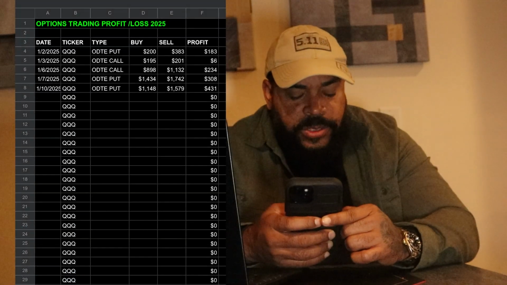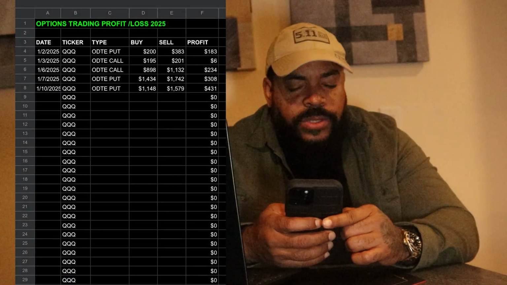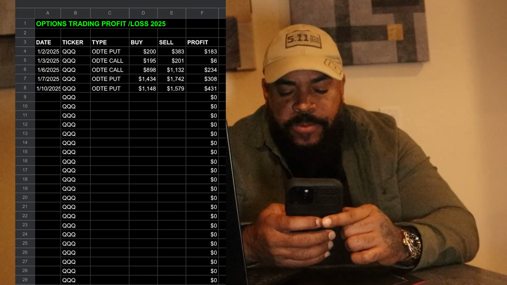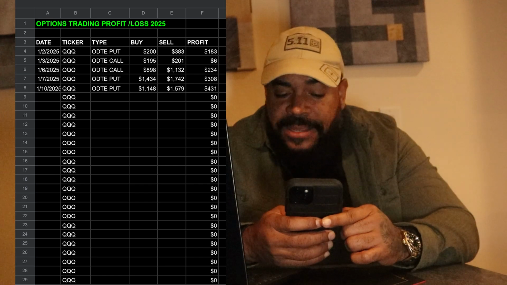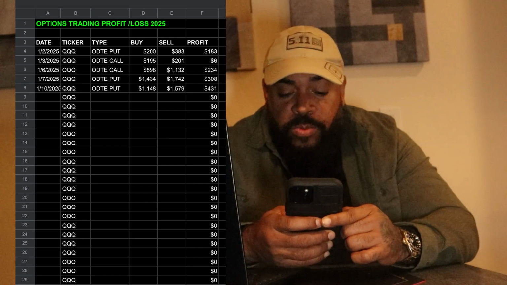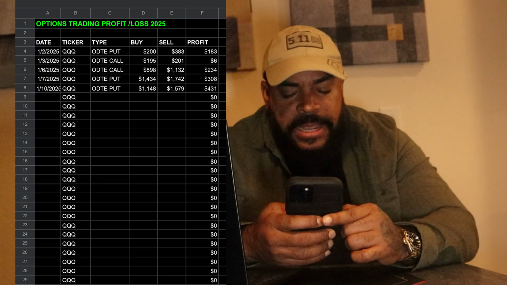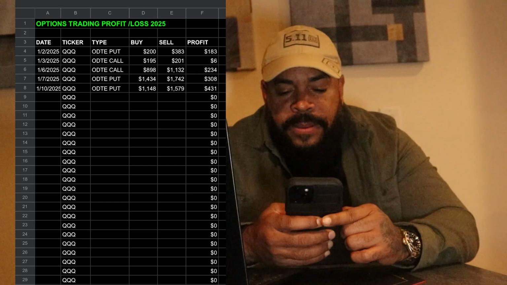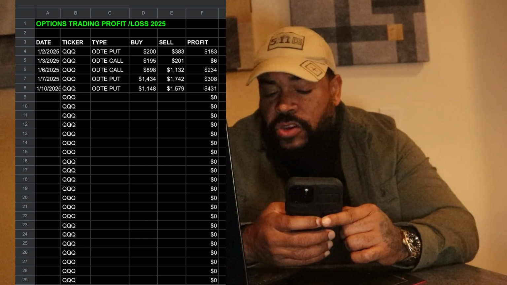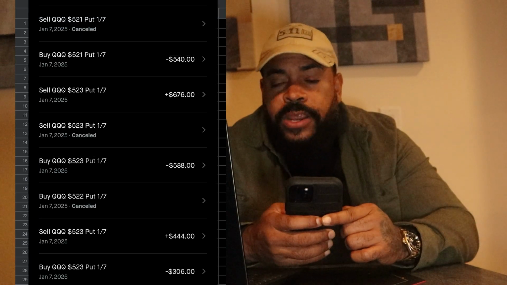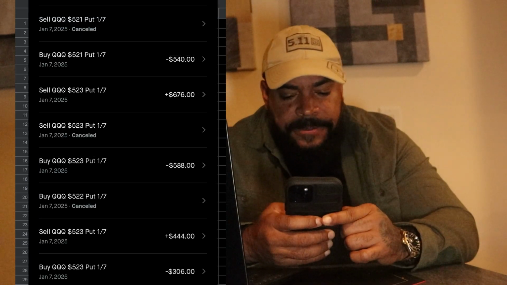Then we go to the fourth one, which was on the 7th of January. We have another 0 days to expire, but this one was a put. In total for that day, I put up $1,434 and I ended up selling for $1,742, which netted me a profit of $308 for that day.